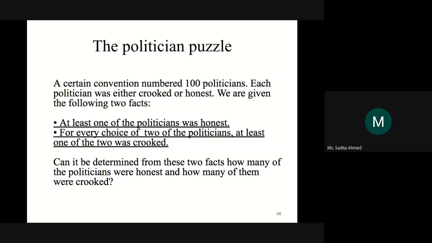So when we pick these two politicians of the 100, what if we pick that one honest politician that we know for sure is there? Because it says that at least one politician is honest.